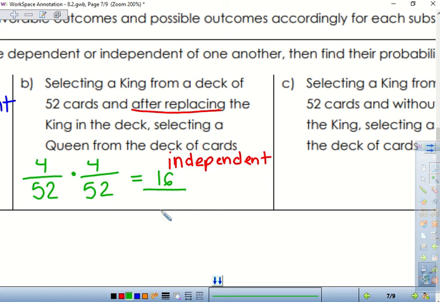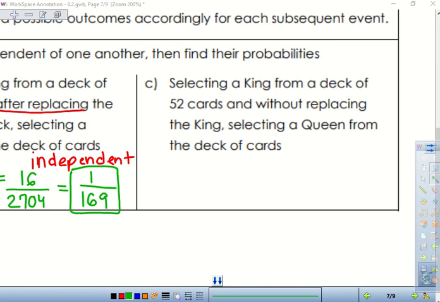Big number. 2,704, which reduces to a 1 out of 169 chance. So you go from, this is one, selecting a king randomly is a 1 out of 13 chance. And then selecting another face card is a 1 out of 169 chance. So that's why it's so hard to get, if you're playing a certain card game, to get a bunch of face cards. See how your chances go way down when you want multiple things to happen.